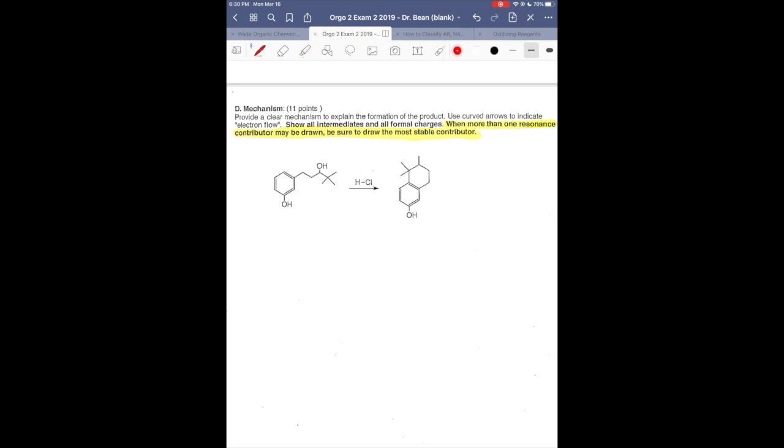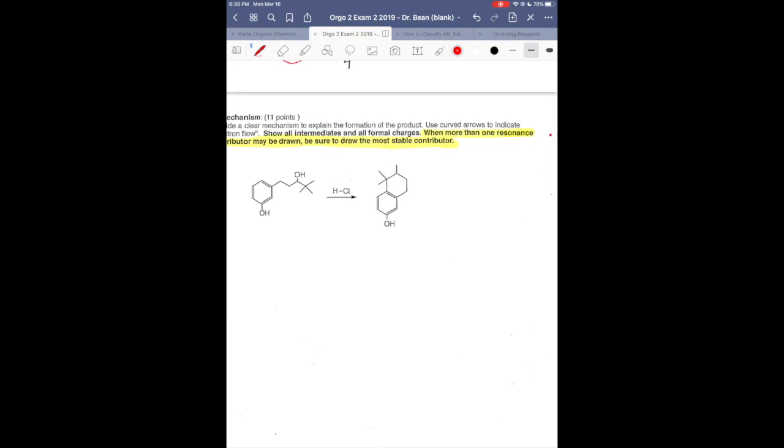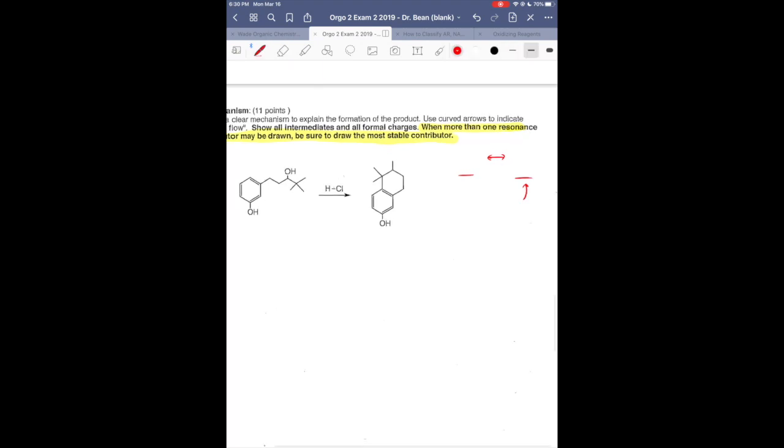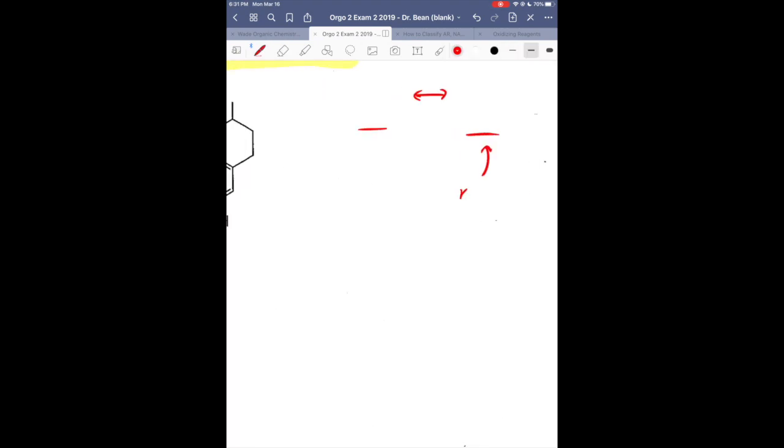So even if it's not the one that you're using in your mechanism and showing the arrow pushing for, you still have to draw the double-headed arrows and put the two resonance contributors, and then let's say the right one is more stable, you put an arrow pointing to it, and I would write more stable or most stable contributor.